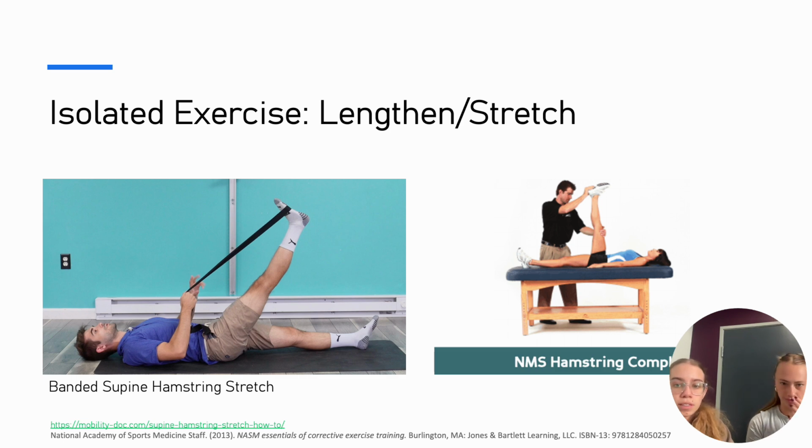And the NMS hamstring complex is pretty much the same thing, just without a band and with a practitioner. The practitioner lifts and stretches the leg for the patient, and it allows the practitioner to control the stretch and check the hamstring for range of motion.